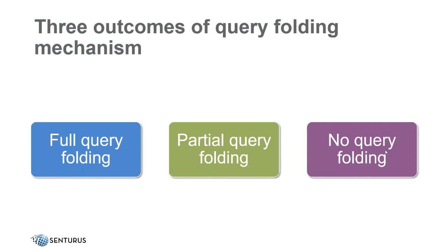Maybe this is something that I need to do in a different tool. Maybe I want to do this upstream. If my transformations are so complex that I'm getting no query folding ever, that it cannot translate this at all to the native. Now, this is usually because the transformations aren't supported or the connector isn't supported.